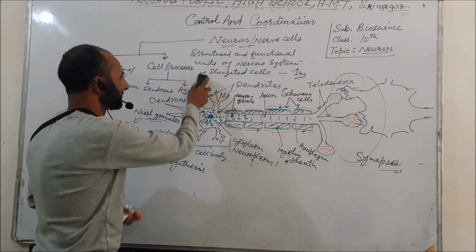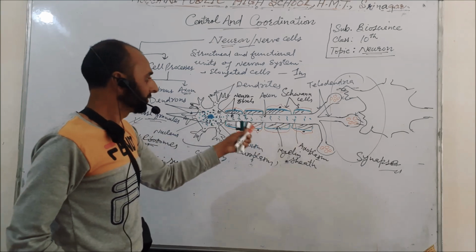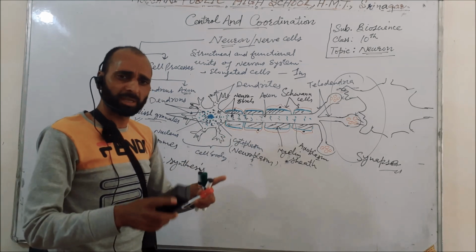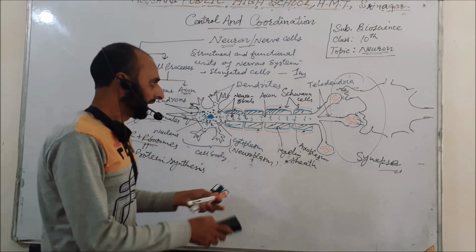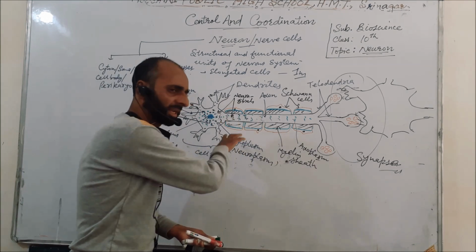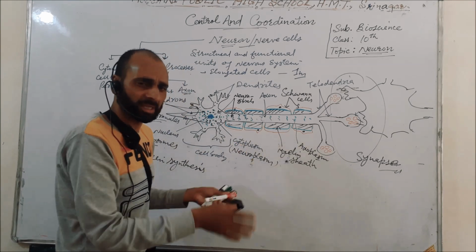Now remember one more thing. So that is the structure of the neurons. Now neurons on the basis of the presence or absence of this myelin sheath. Okay, I have told you that myelin sheath may be present over the axon or it may not be present over the axon.